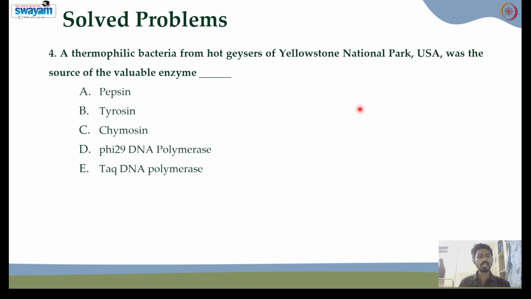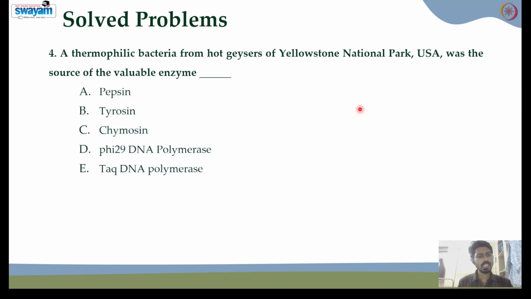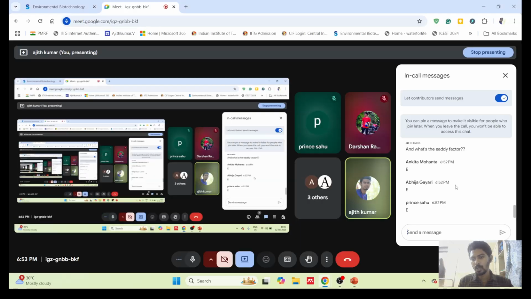Option C, D, 529 DNA polymerase. Option E, Taq DNA polymerase. So, what is the answer? What is the correct answer? Is it pepsin or tyrosine or chymosin or 529 DNA polymerase or Taq DNA polymerase? Option E.